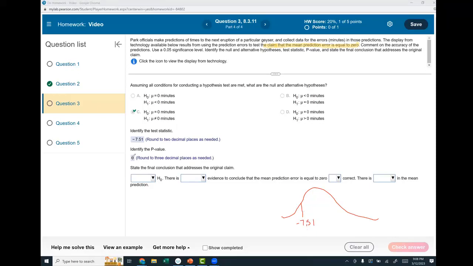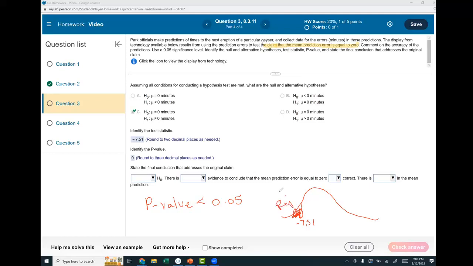Well, actually, we don't even need that. All we really need is the p-value. So we want the p-value to be less than the significance level, which obviously it is. So if it is, that means it's here in the rejection area.